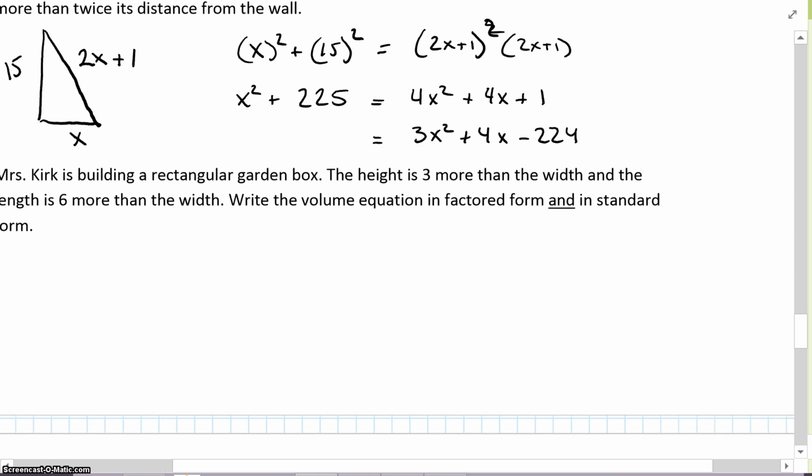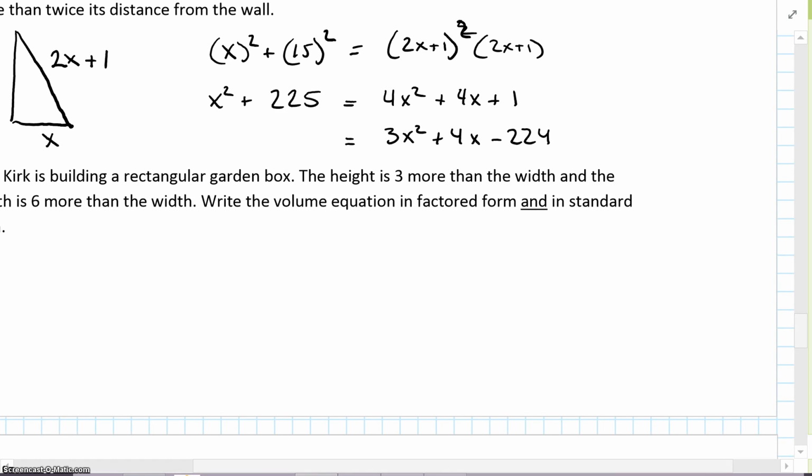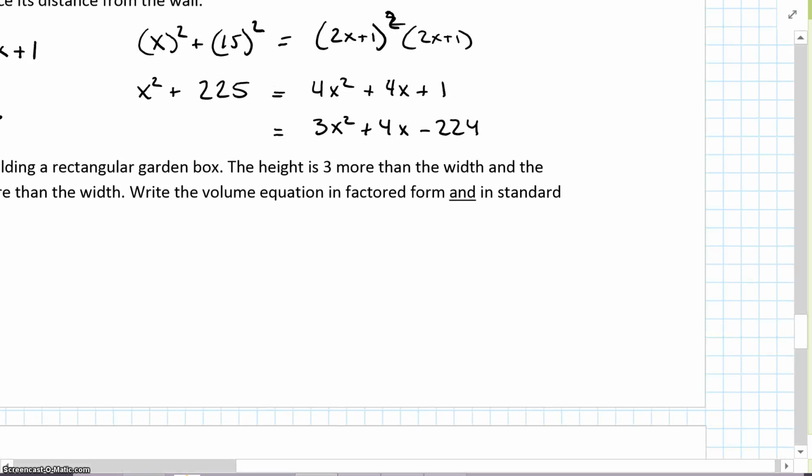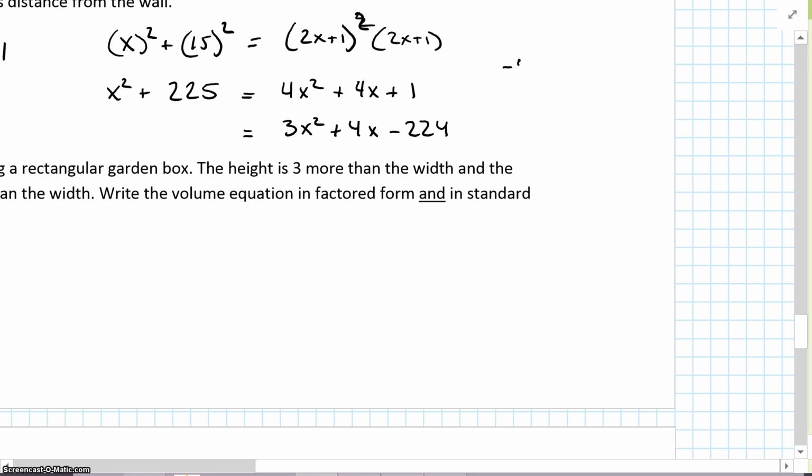Just plug this in to your quadratic equation. So I got negative b plus or minus the square root of b squared minus 4 times a times c, all over 2a.